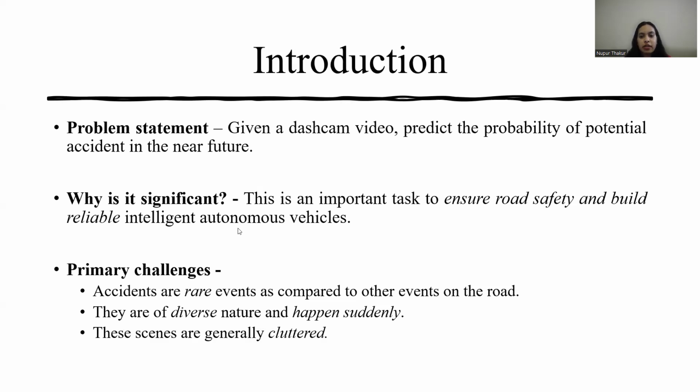And last, the traffic scenes are generally filled with objects and events that are irrelevant to the task, acting as background noise in this case. For example, there are trees, buildings, cars, etc., that are not relevant to the task and add more noise to the visual scene.